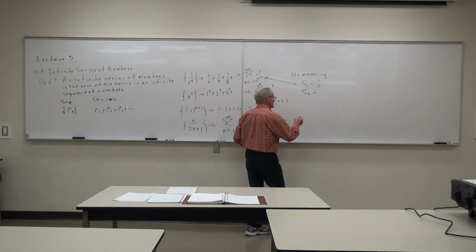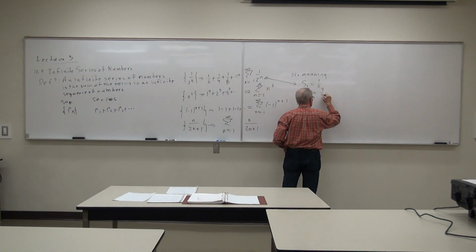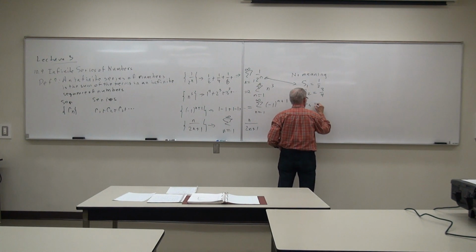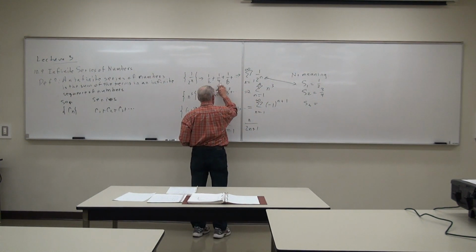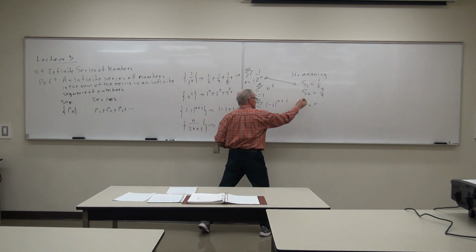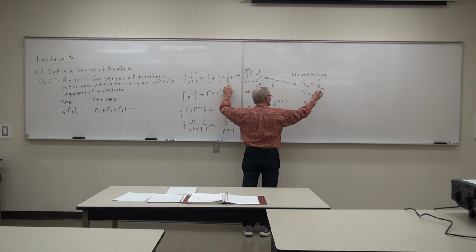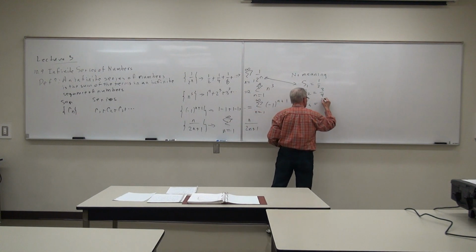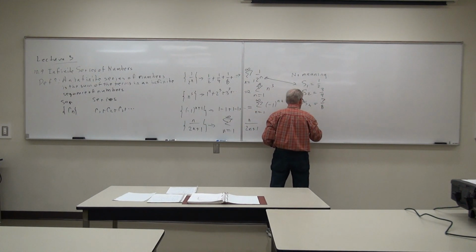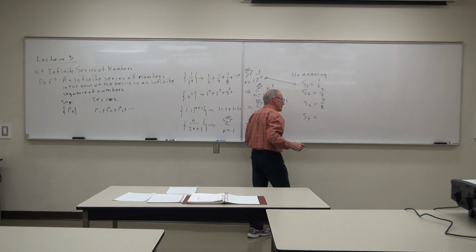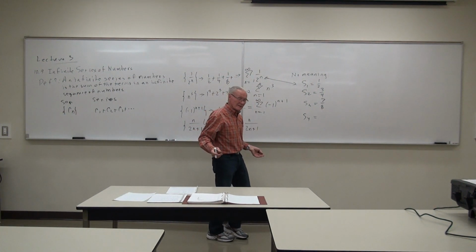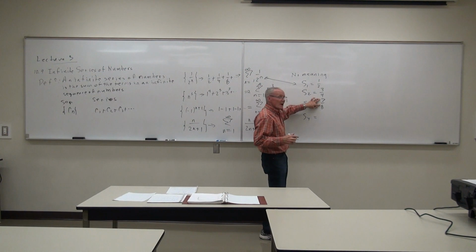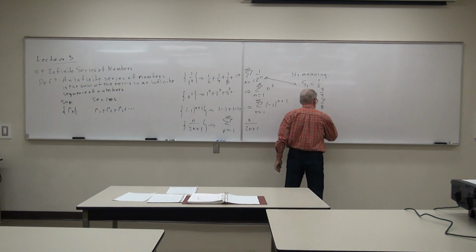But everybody knows that that is 3/4. S sub 3 is the sum of the first 3 terms. So that's this one plus this one plus this one, which really means this plus this. 3/4 and 1/8, that's 7/8. S4, add on the next one. The next one is 1 over 16. 7/8 and 1 over 16 is 15 over 16.